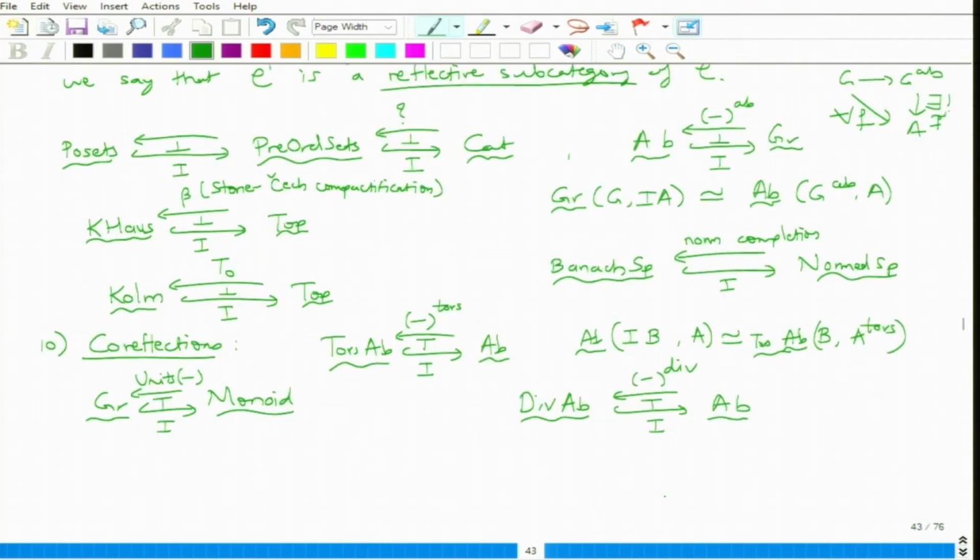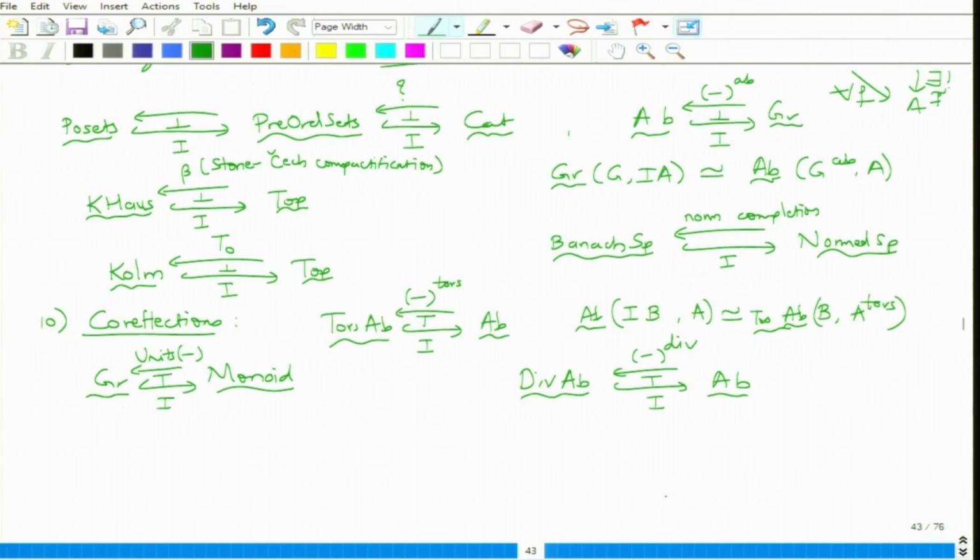Co-reflections are not too commonly found, but reflections are more common. Somehow the co-things are not very common in nature, where nature refers to our usual mathematical world. Let me check if we have forgotten any standard examples.